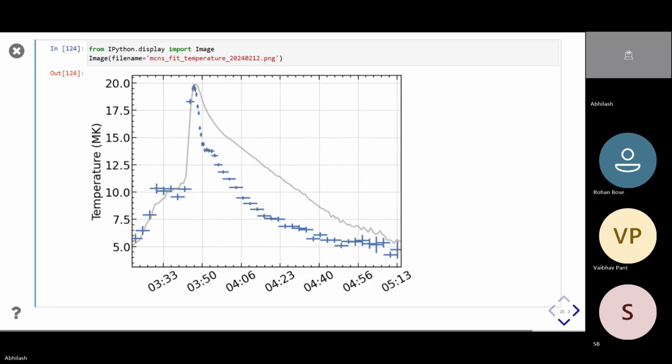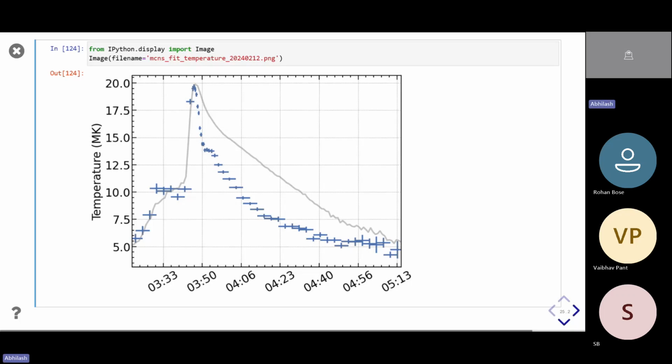During the quiescent period, the temperature is about 5 megakelvin, and it slowly increases to around 10 megakelvin pre-flare, then suddenly shoots up within about 30 seconds or a minute to about 18 megakelvin. It reaches a peak at around 20 megakelvin before the soft X-ray flux peak, and it decays down and settles to about 5 megakelvin.